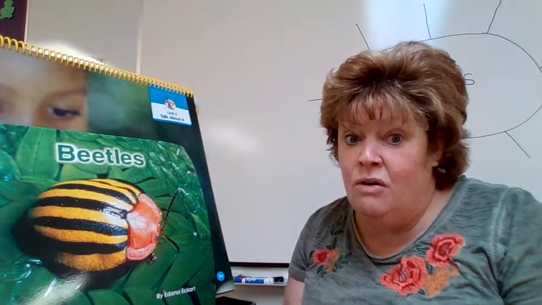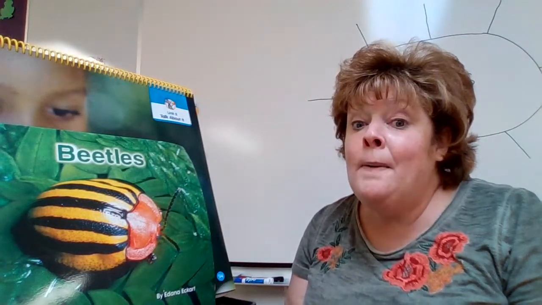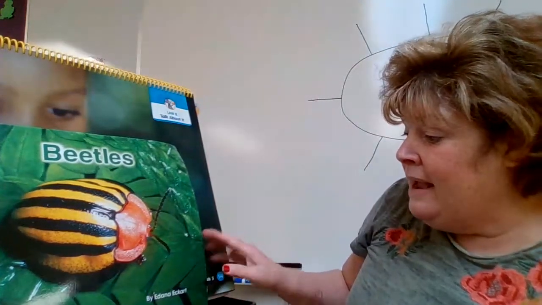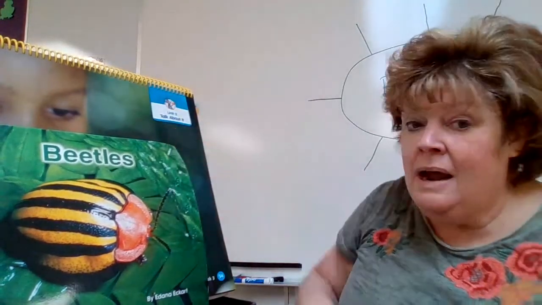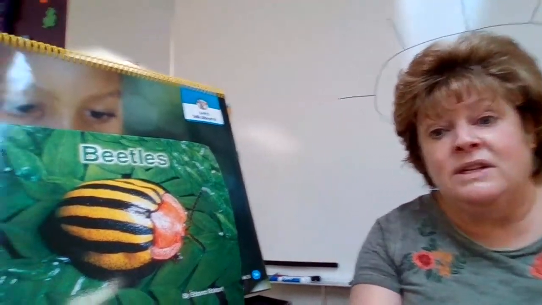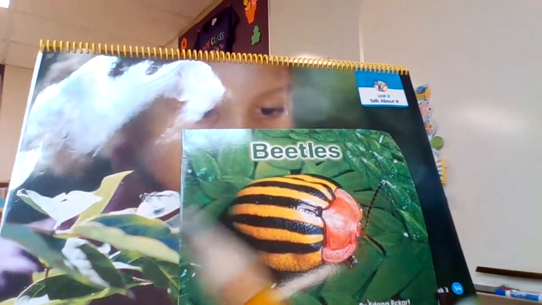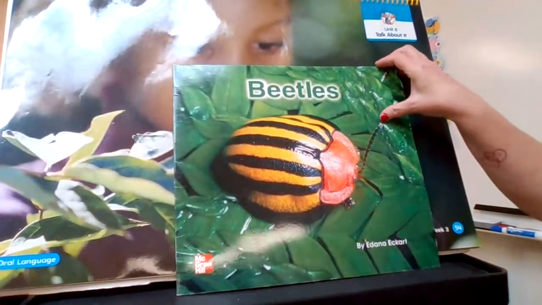They give us real pictures of whatever they're talking about. So we're going to learn about beetles. And this is by Adana Eckhart. And I'm going to turn this so that you can see the book and you don't need to see me right now because I want you to be able to see the book very well.